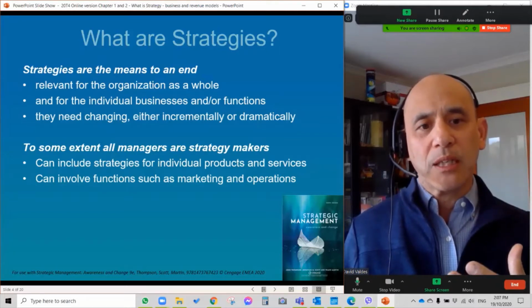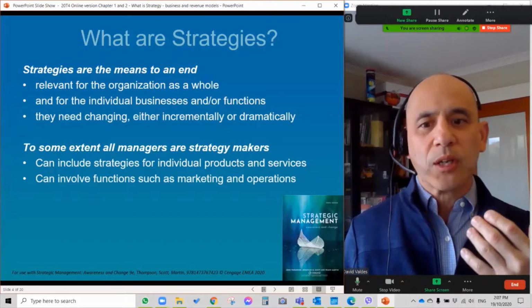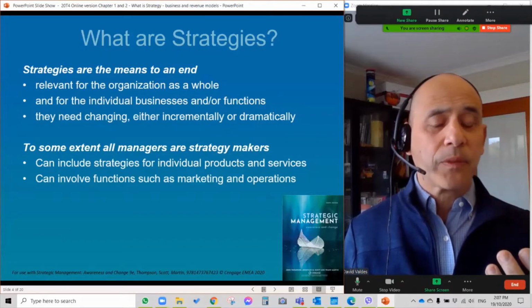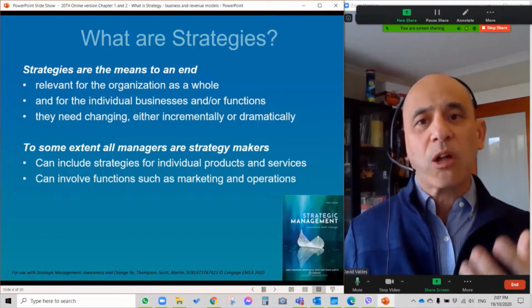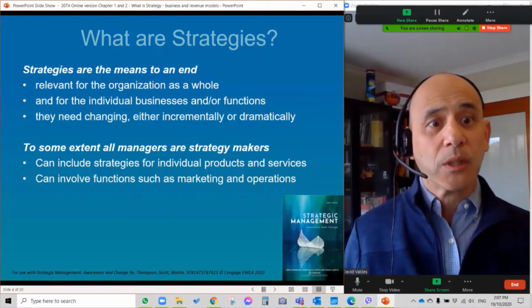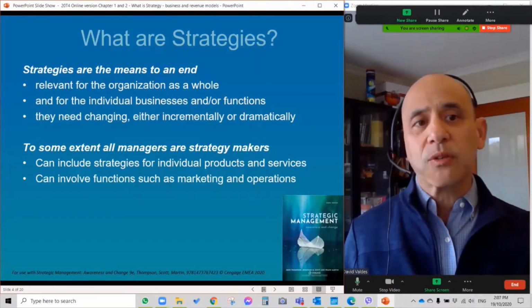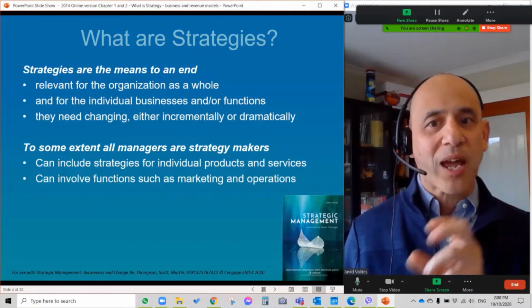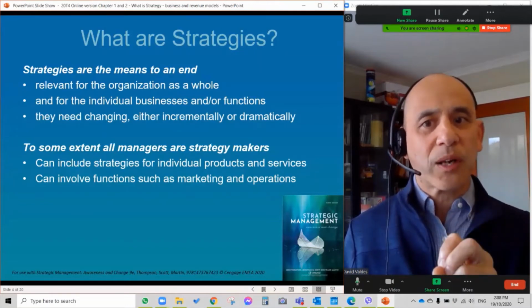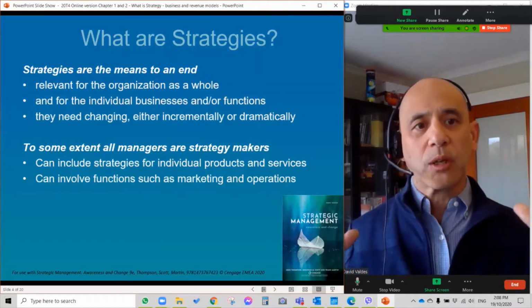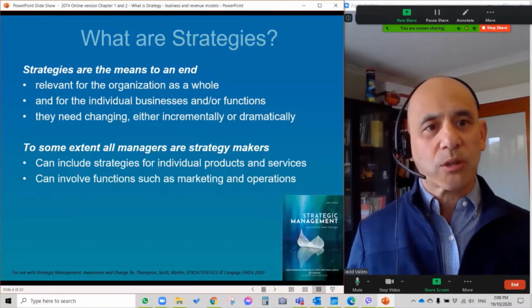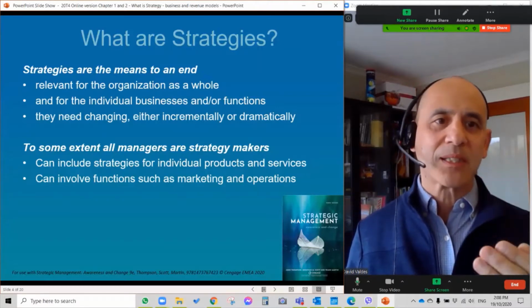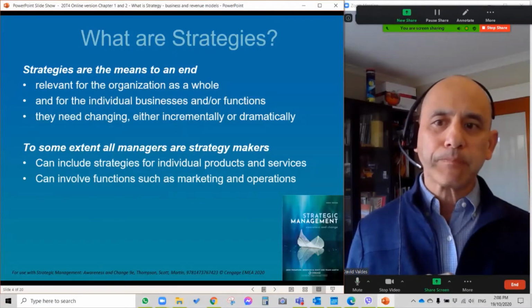Right now, Apple is not just into computers, they're now into entertainment. They're producing content for TV, for example, which is very different from what they used to do in the past. So this is, again, an example of a strategy for an individual product, but it's also strategy for the entire corporation, Apple Corporation, and what businesses it's going to be entering.